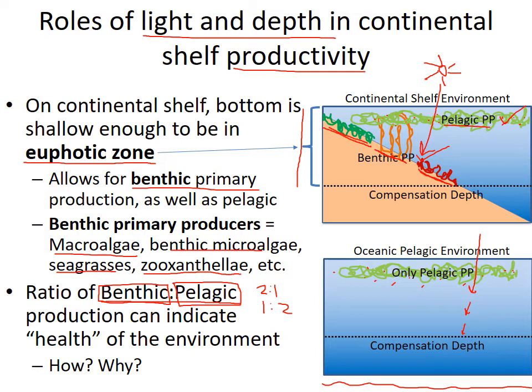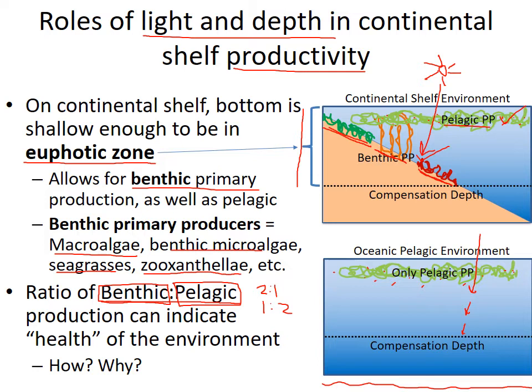So one of the questions that I ask the class when I'm giving this lecture live is, what kind of ratio of benthic to pelagic primary production would be good and desirable? What would you want, and how would that indicate the health of the environment? So what I tell them is that you want a high ratio of benthic to pelagic primary production, and that would be indicative of a healthy continental shelf environment.